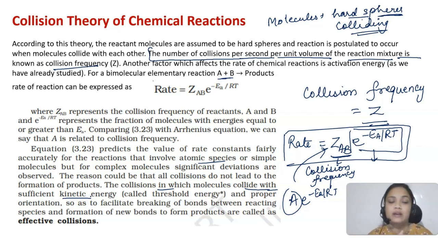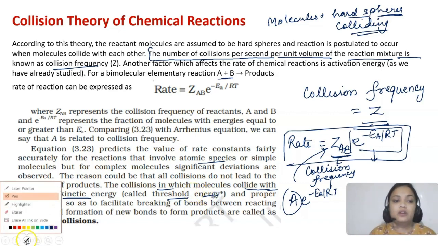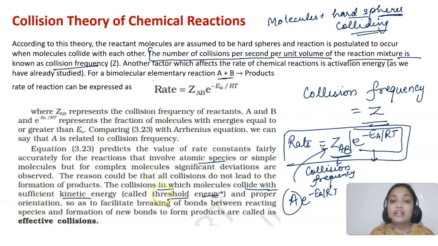So दो चीजें हैं यहाँ पर. Two things you have to keep in mind. This is also important. This was asked in NEET also. कि the collisions must have sufficient kinetic energy first. That is called the threshold energy. And they must have proper orientation also. So collisions तभी effective होंगी. Effective collisions की हम बात कर रहे हैं.